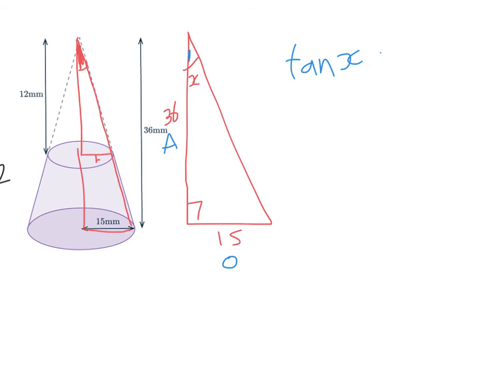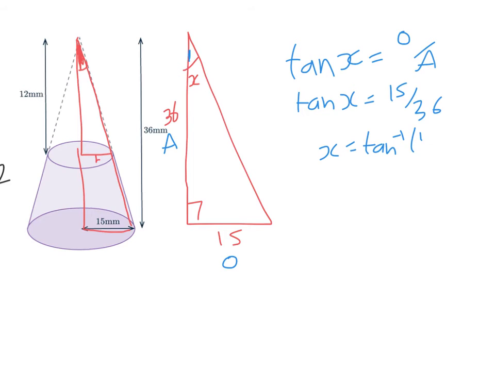Tan of that angle, you can guess how we're using trigonometry. Tan is opposite over adjacent. So tan of the angle is going to equal the opposite 15 over the adjacent 36. To work out the angle, you've got to do the tan inverse of 15 over 36.